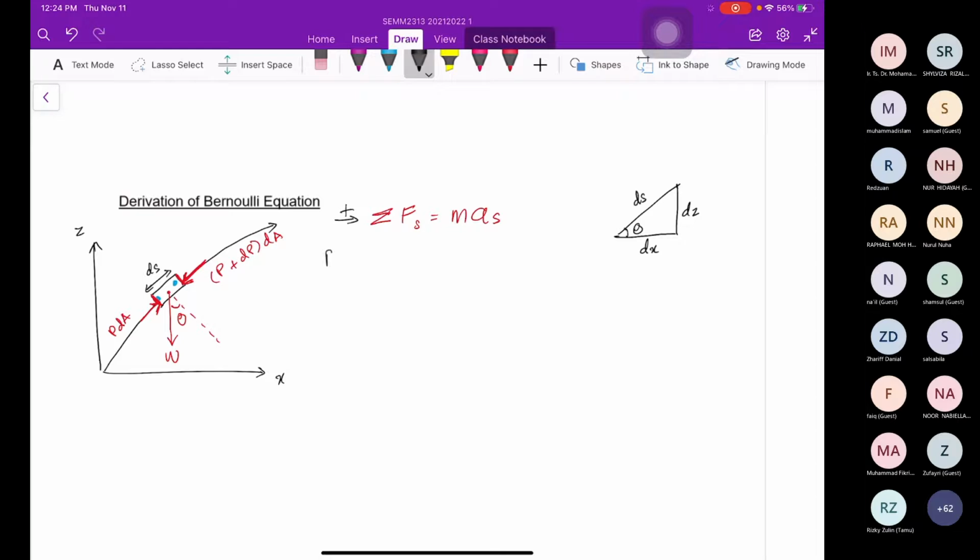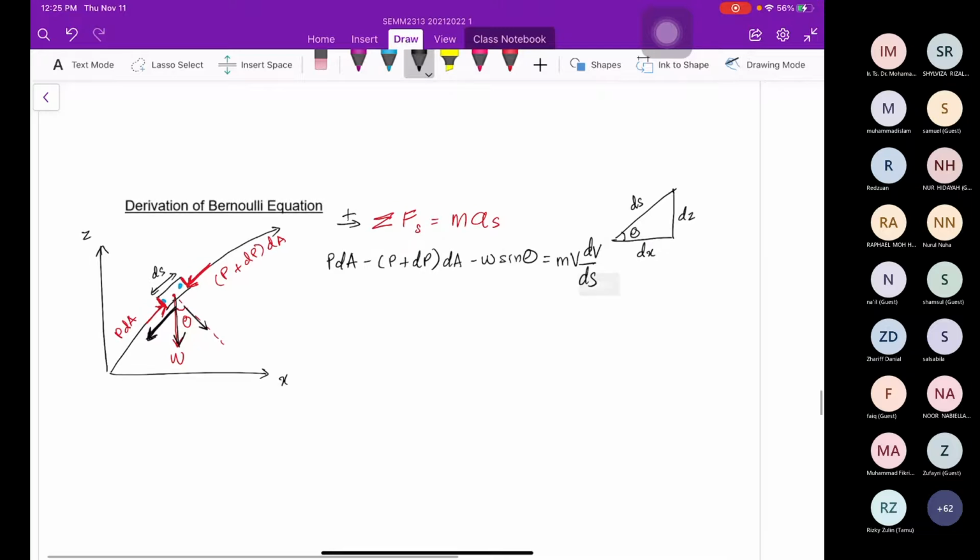So we start with P dA, which is positive, minus (P plus dP) dA, and then minus W sine theta. Because this weight, you must separate it in this direction and this direction, so of course it is sine theta. Equal to m v dv/ds.